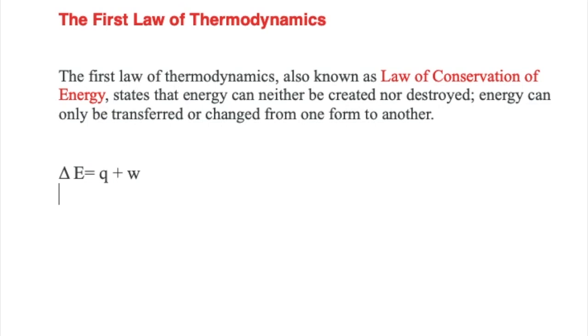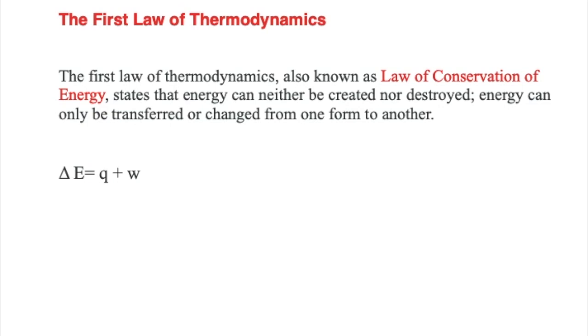So here delta E, that is internal energy of the system, is given by the sum of Q, that is heat, plus the sum of W, that is work done on the system. So this is a way of expressing the first law of thermodynamics, because it is any change in the internal energy, that is delta E of any system.